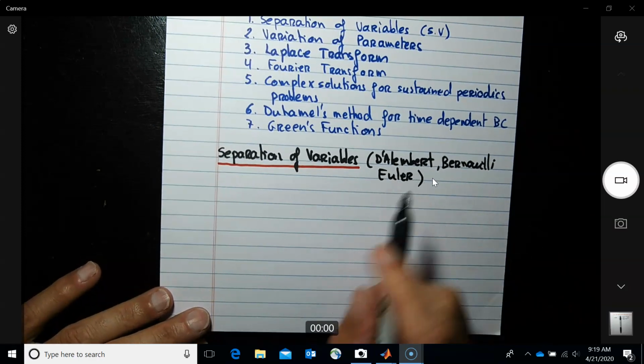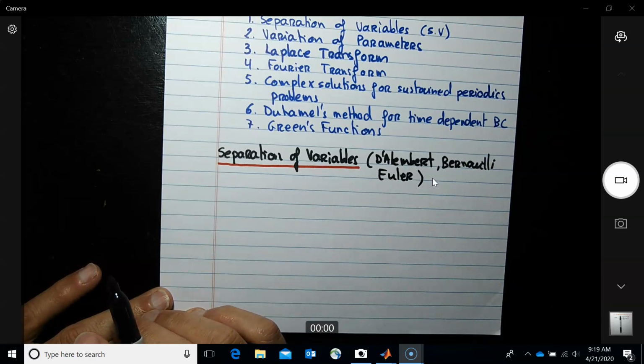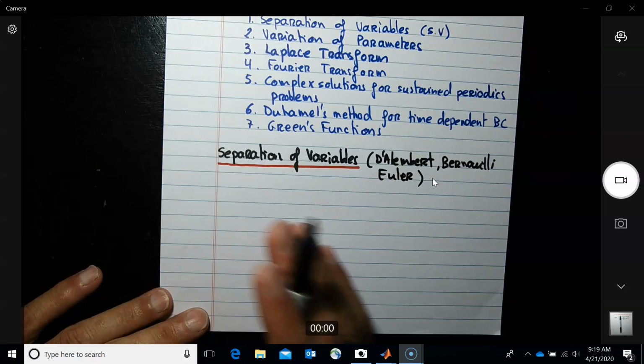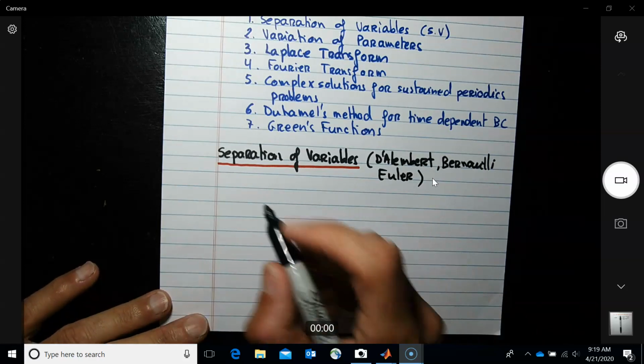Probably you know the D'Alembert principle, which is for dynamics, where the summation of forces minus ma equals 0. But again, let's see the requirements.